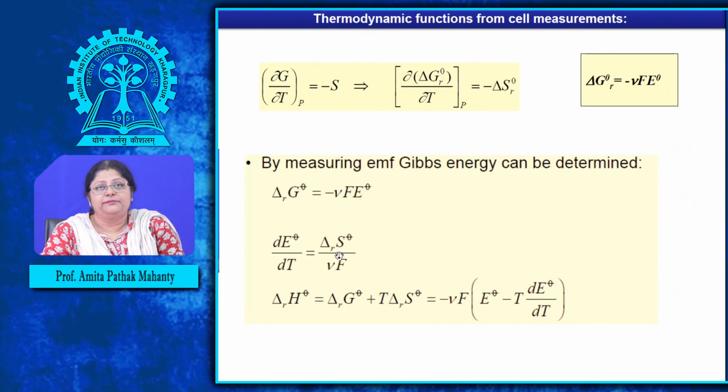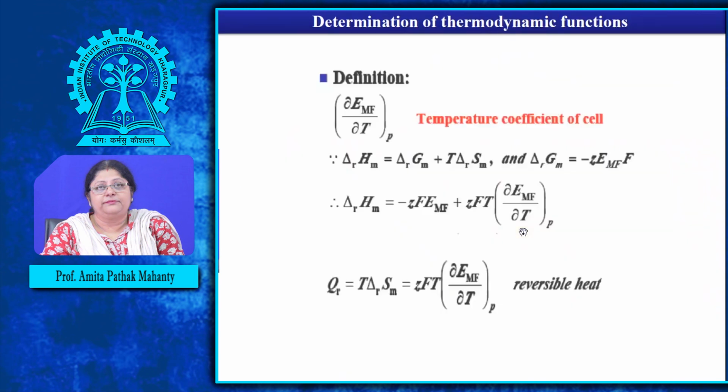If you differentiate delta G with respect to T at constant pressure, if it is delta G naught, then it becomes minus delta S reaction naught. That you can apply, and you can get a variation with temperature.